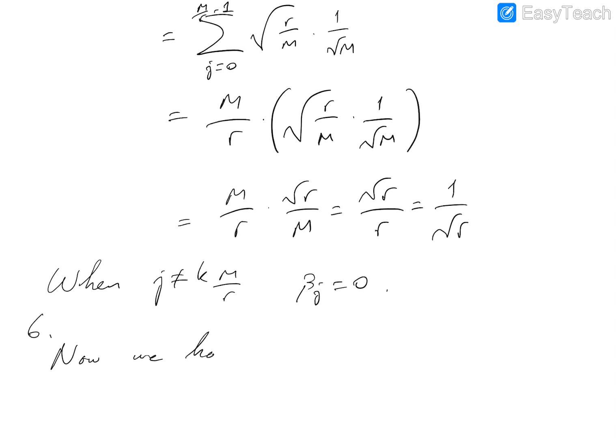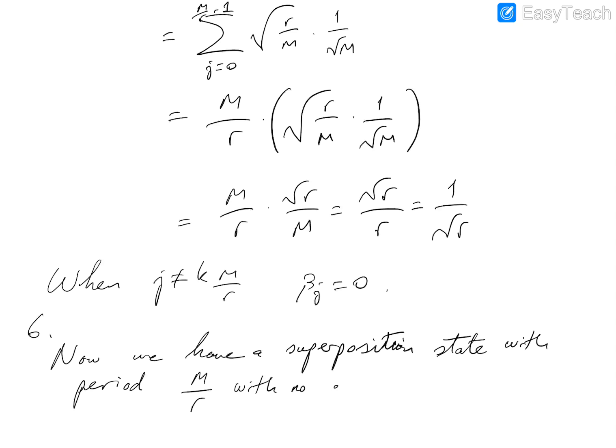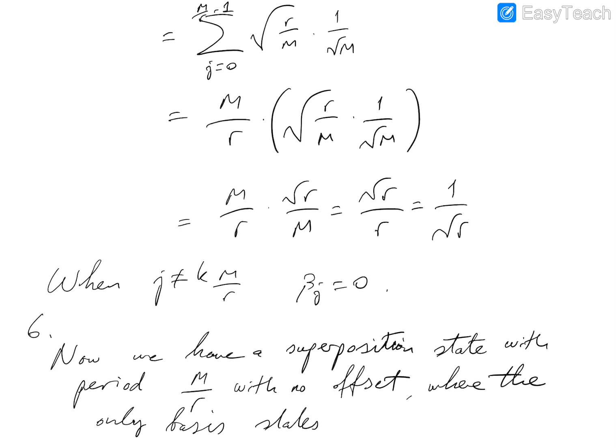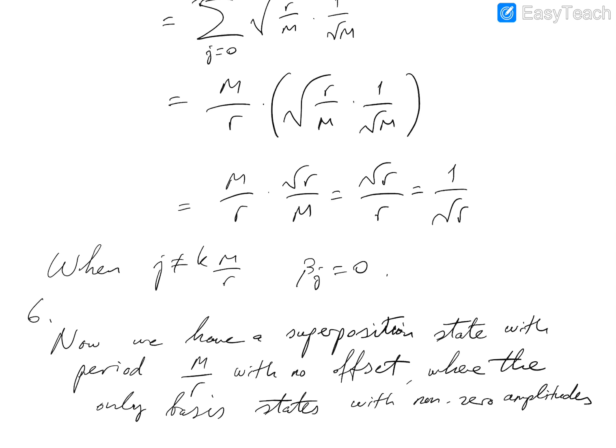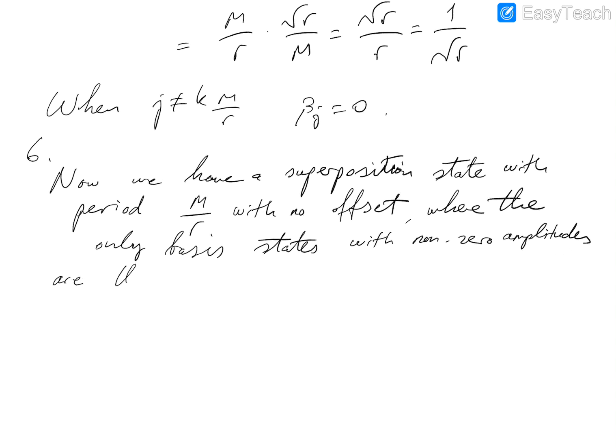Now we have a superposition state with period m over r with no offset, where the only basis states with non-zero amplitudes are those which are multiples of m over r.